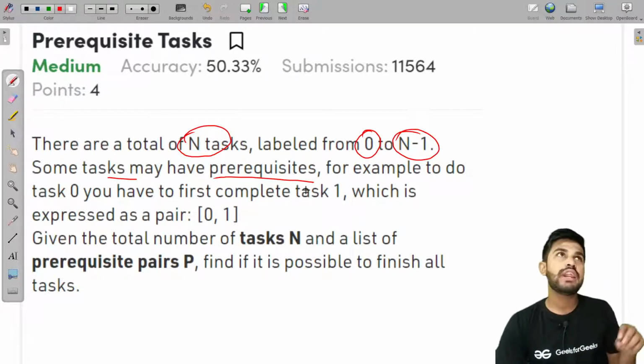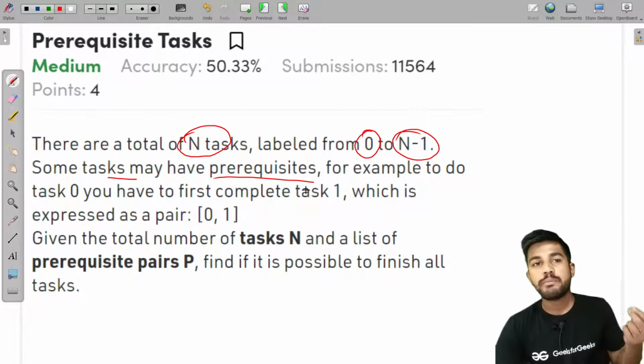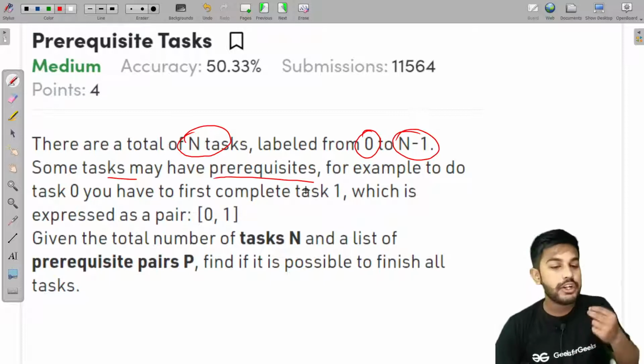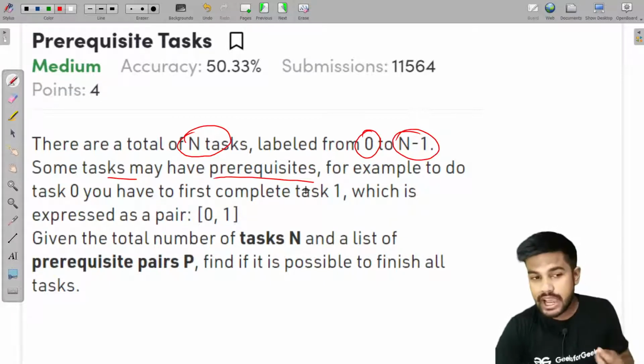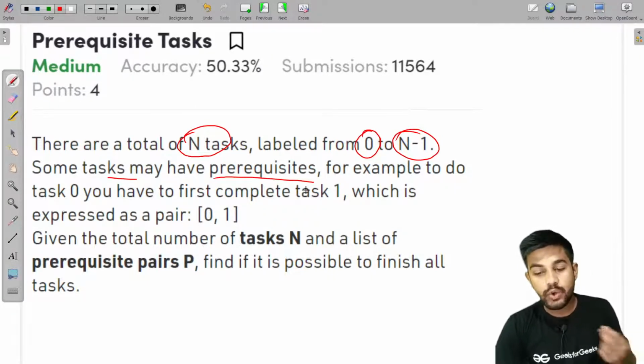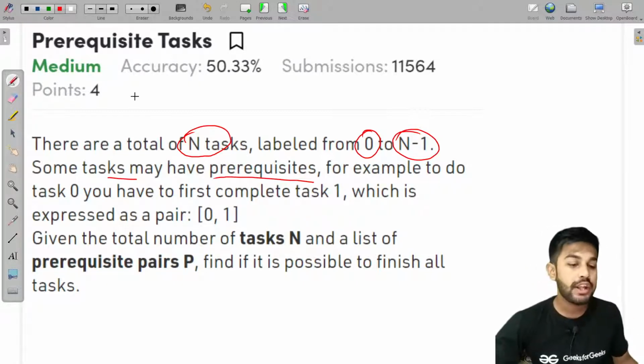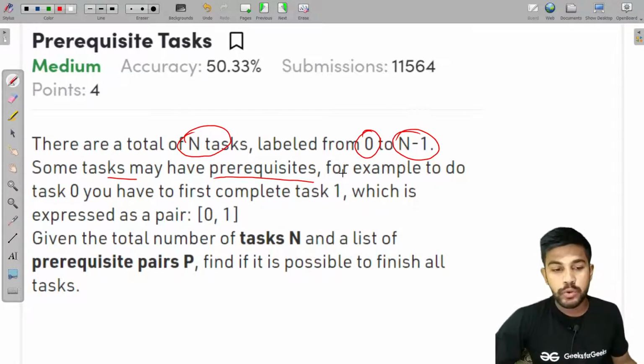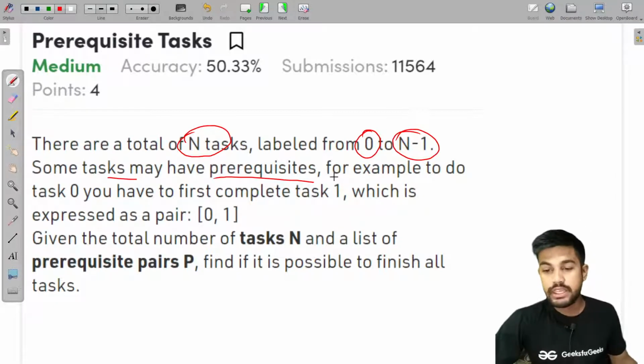Suppose while applying for a CP course, the basic prerequisite is getting a hold of a language. You need to know the basics of C++, and only then can you go on with learning the CP course. Just let me know if there is any lag in the video.